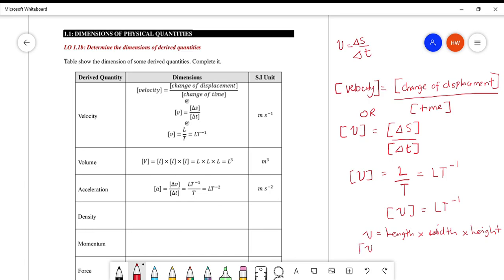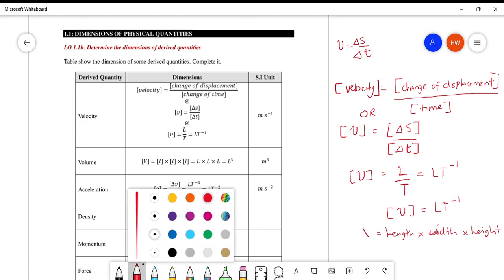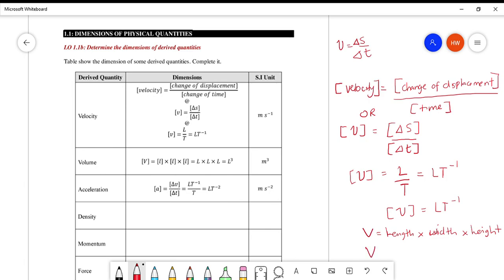So we want to find the volume. This one should be V, volume. So we want to find the dimension of V. It would be the dimension of length times the dimension of length times the dimension of length.